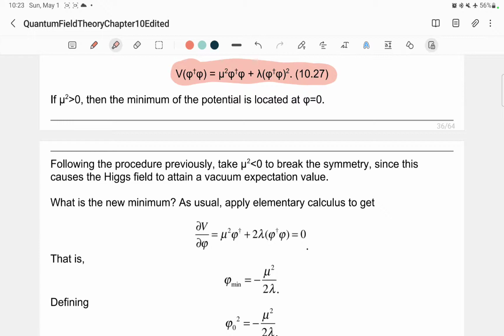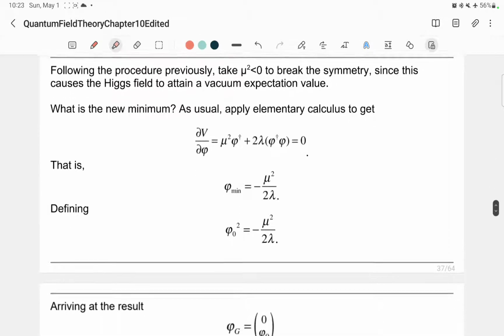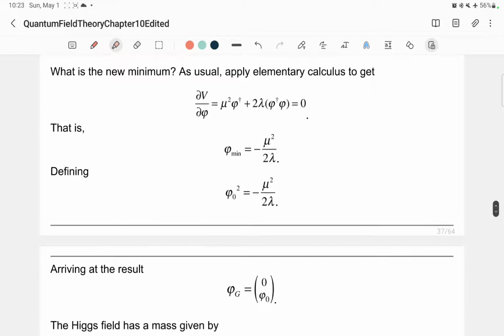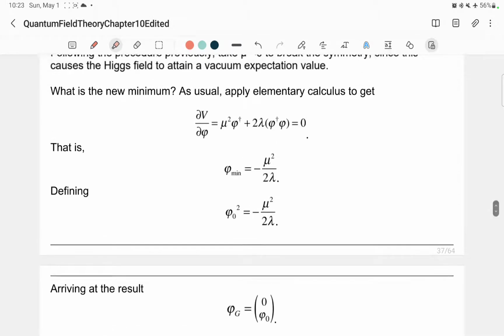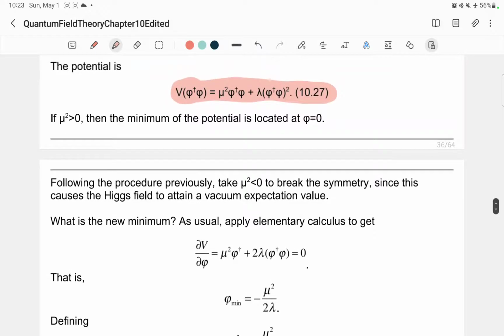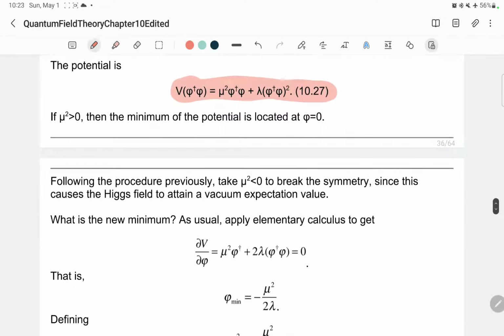So what is then the new minimum? So we apply again a derivative to the potential V with respect to phi. So with our V being this one, we get the derivative with respect to phi as this one here.